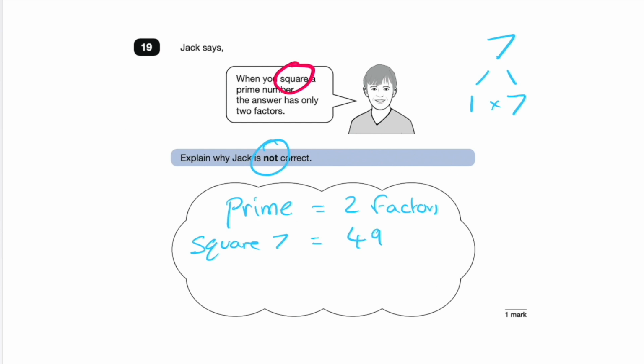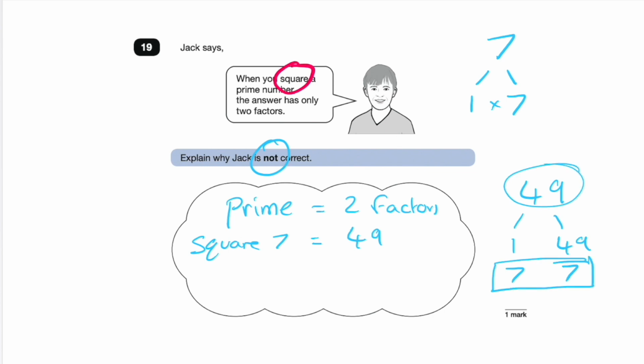Well, now 49 has the factors 1 and 49, but it also now has 7 and 7, because it was 7 squared that actually made the number 49. So therefore, if we square a number, we're automatically giving it another set of factors, or another factor. But we need to explain this a little bit.